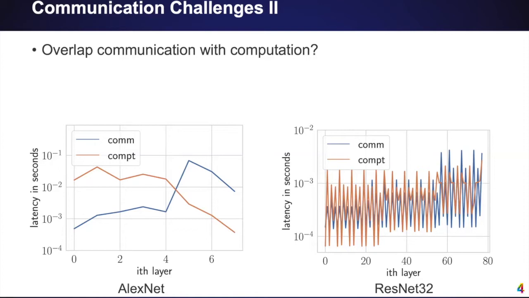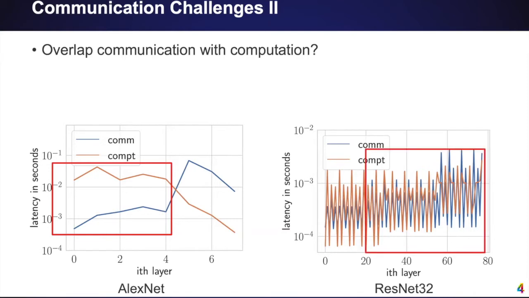AlexNet uses large convolution kernels, so there are more opportunities to overlap the convolution layer with communication. However, models like ResNet use very small convolution kernels, so there's limited chance to overlap communication with computation.